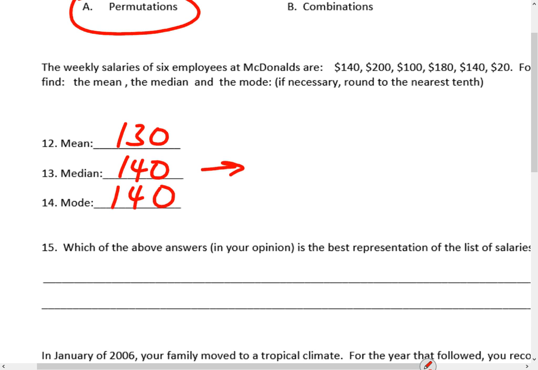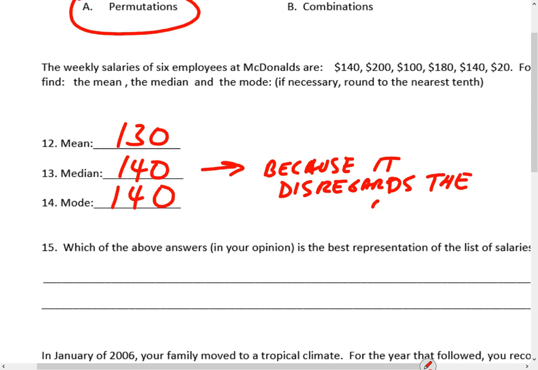They said median because it disregards the outlier, or it doesn't let the outlier influence the average.